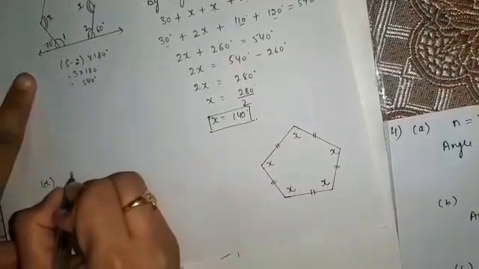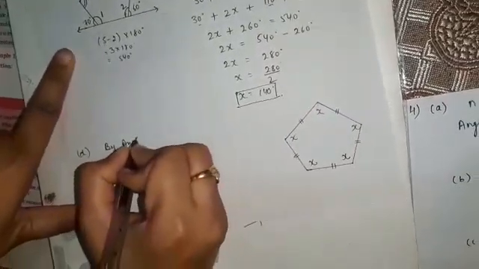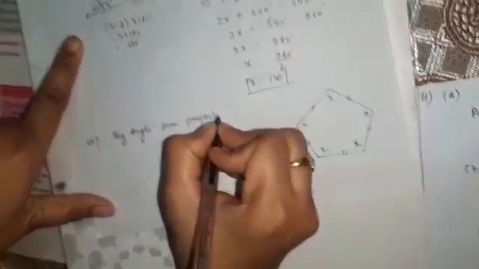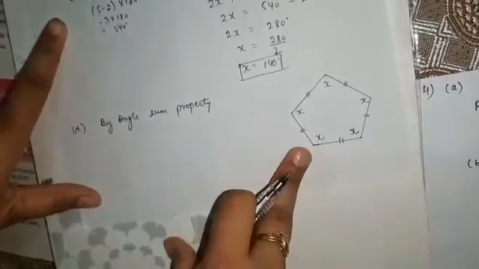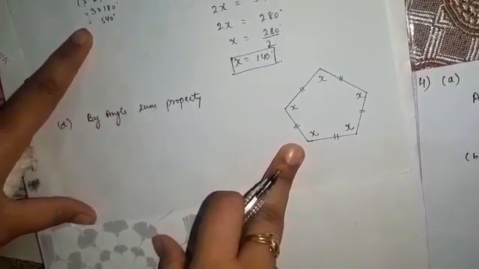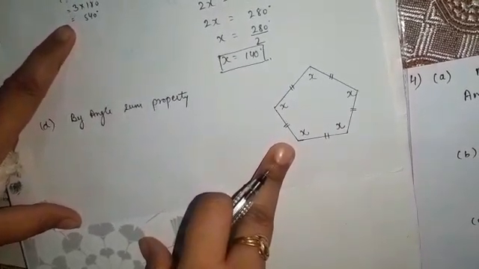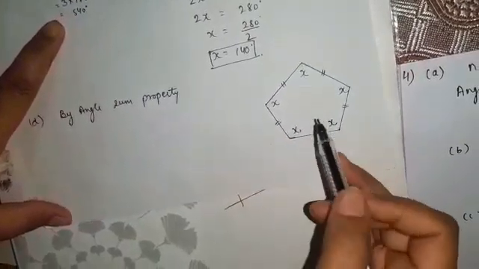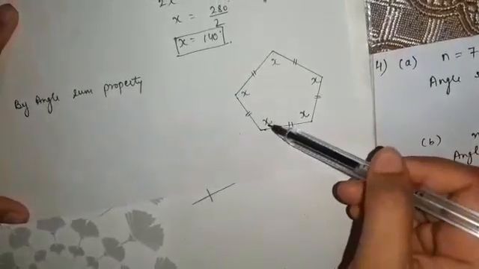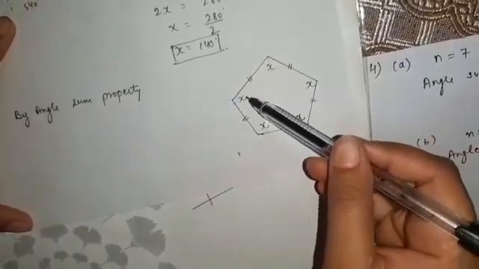So by angle sum property, see, this is a pentagon, and in the previous question you had found the angle sum of pentagon, which was 540 degrees. So directly I'll put that value here. See, x plus x plus x plus x plus x, 5x.